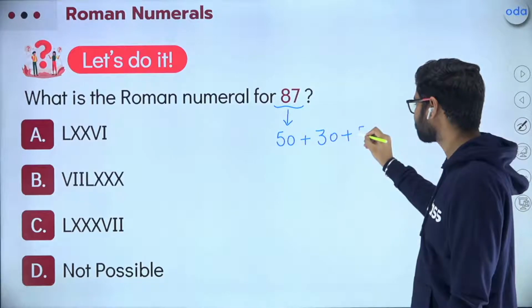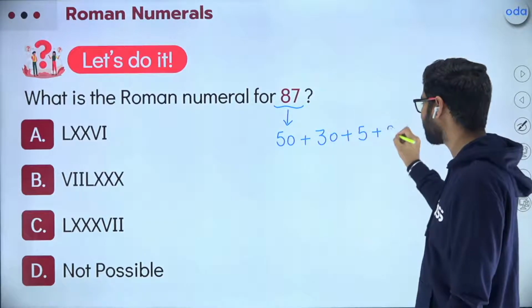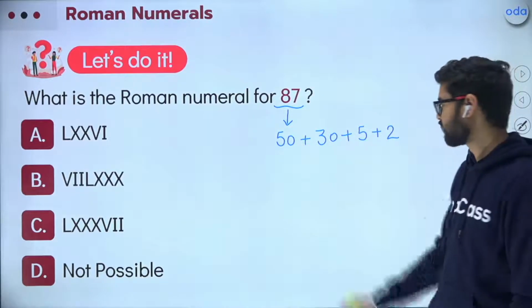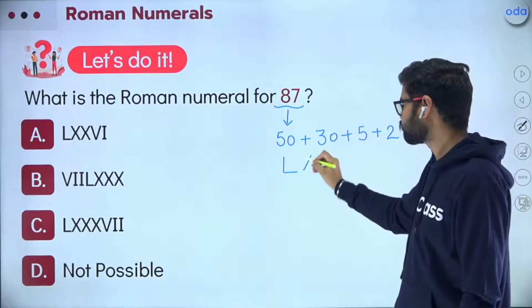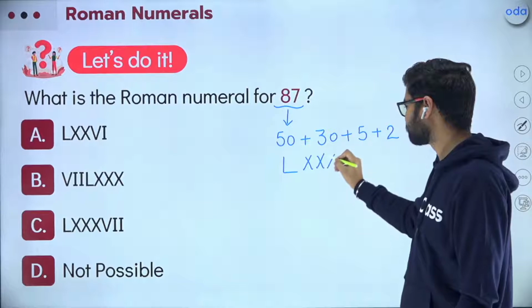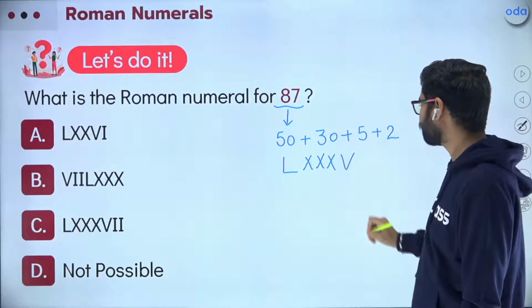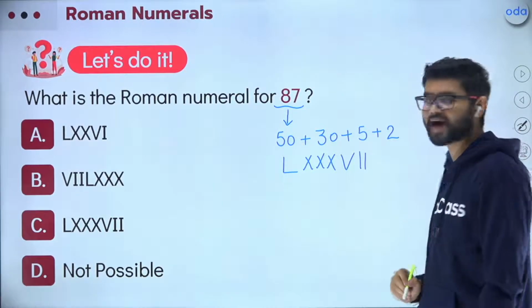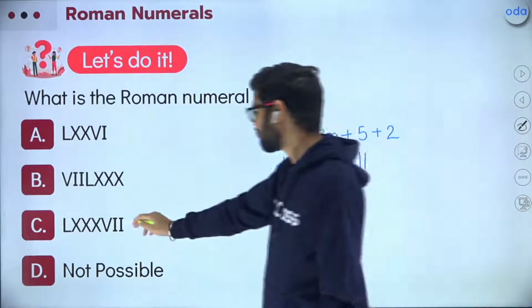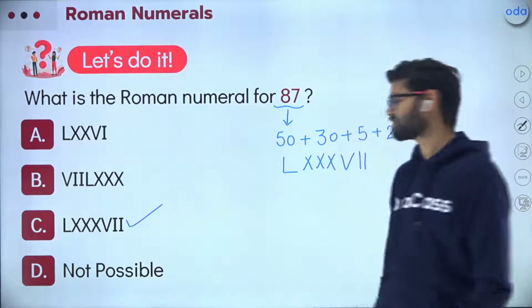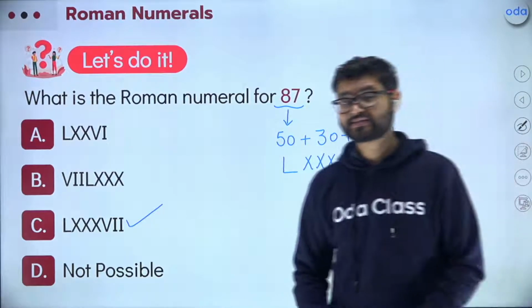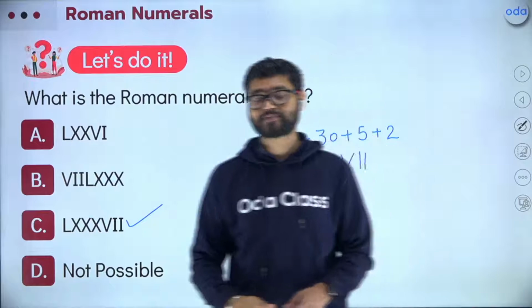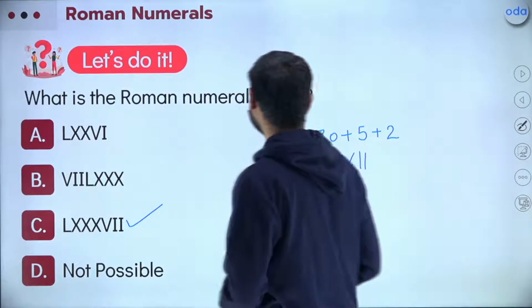But I can write this as 5 plus 2, because I have a symbol for 5 and I know how to write 2. So 50 is actually L, 30 would be XXX, 5 can be written as V and 2 can be written as II. That is the way: LXXXVII. This is how we can represent number 87.